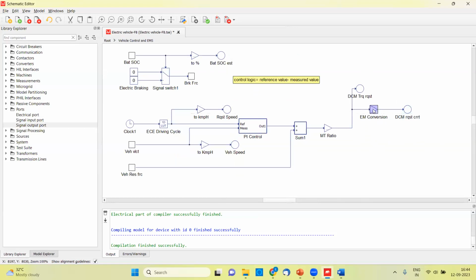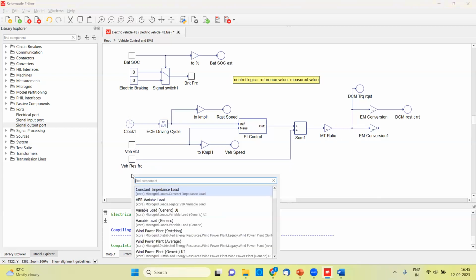Again, this EM conversion block, I'm just going to copy. Then I will take another input signal. Okay, let me place it like this. I have a signal input.